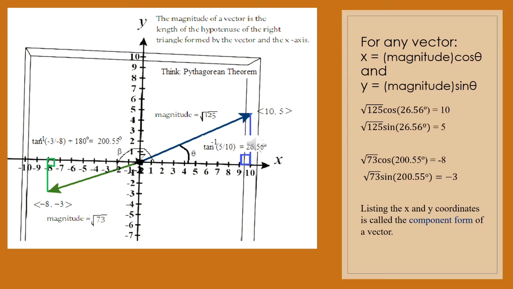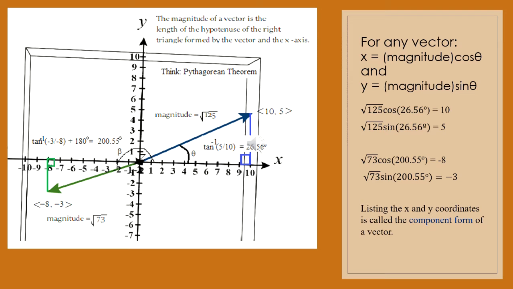So if you wrote down cosine of 26.56, it would equal 10 divided by the square root of 125. Hence, solving for the x component, you can multiply both sides by the square root of 125, and the magnitude of the vector times cosine of your angle measured from the positive x-axis gives you the x component of a vector, and that will always be true.